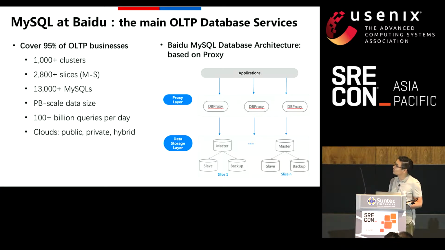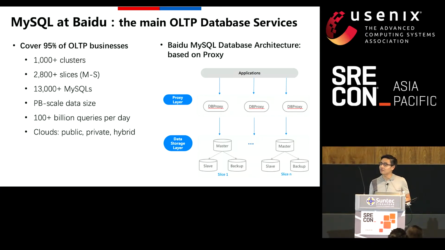Baidu DBA groups manage all of the online MySQLs, more than 1,000 clusters, 2,800 shards, and 13,000 MySQLs. They store PB scale data and carry over 100 billion queries each day. And we also output our service to the cloud.